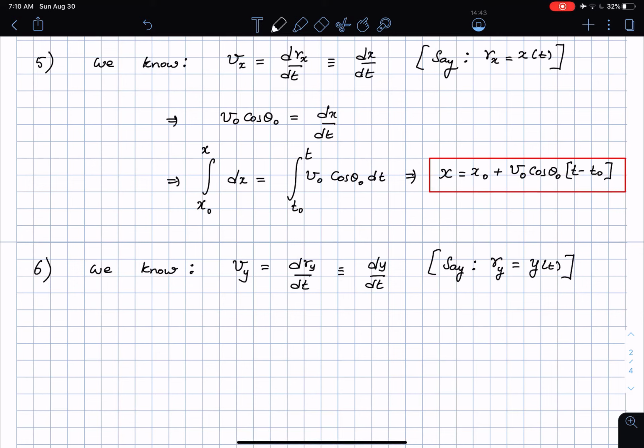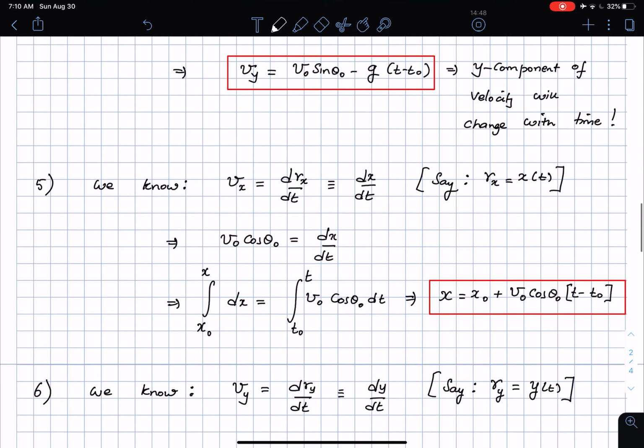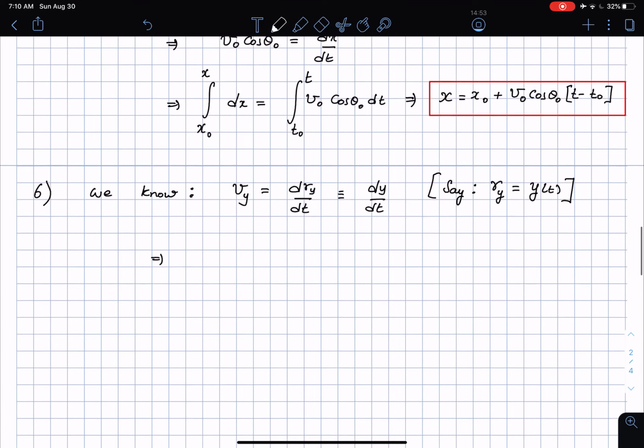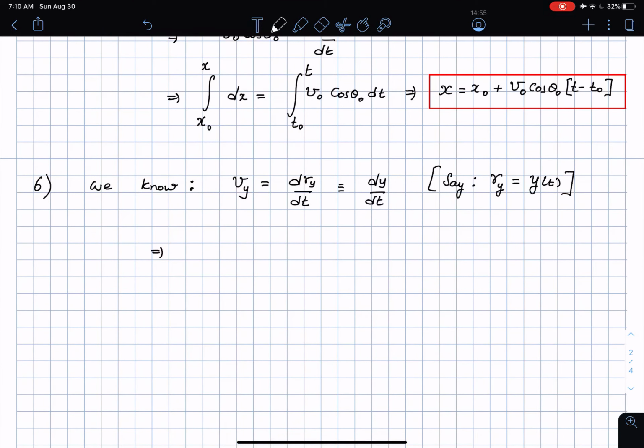Why not, right? Which means that I have an expression for Vy, which is this big guy here, V naught sine theta naught minus g times (t minus t naught). So I'm going to substitute that. So this is V naught sine theta naught minus g times (t minus t naught). This is equal to dy by dt.